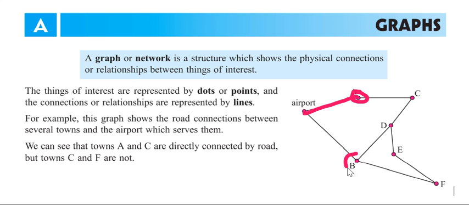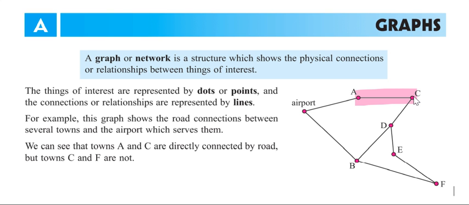These all are points, right? All of them. So we can see that A and C are directly connected by the road. Let me just raise this for a better, clearer understanding. Yeah, now let's talk about it. We can see over here that A and C are directly connected by a road, this one.